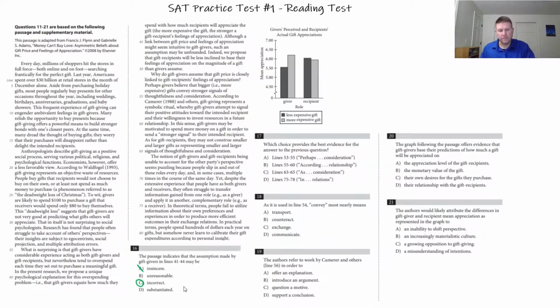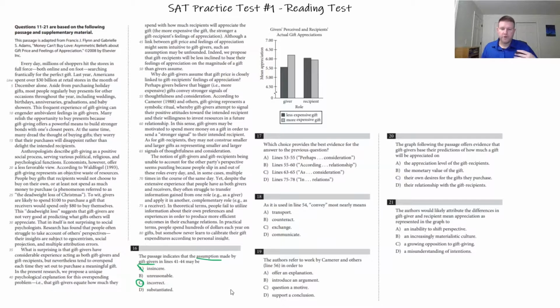Not necessarily true, right? So we have to choose the lines that provide the best evidence for the answer to the previous question, okay? Remember, this is talking about the assumption made by gift givers. And the assumption was that the more money they spend, the more the recipient will appreciate the gift, okay? But these lines have to illustrate that this is the answer to that assumption, that it is incorrect, okay?